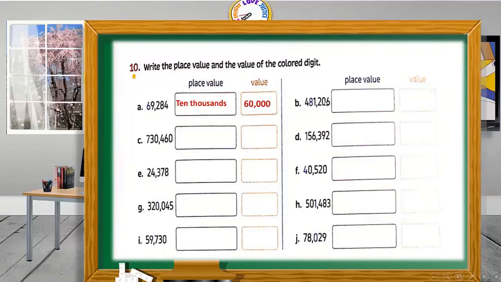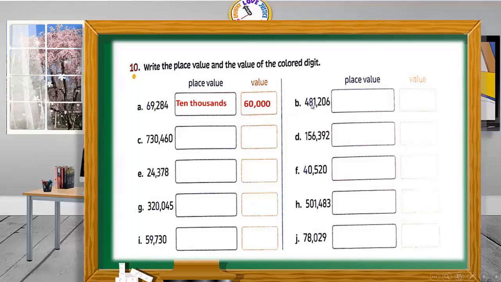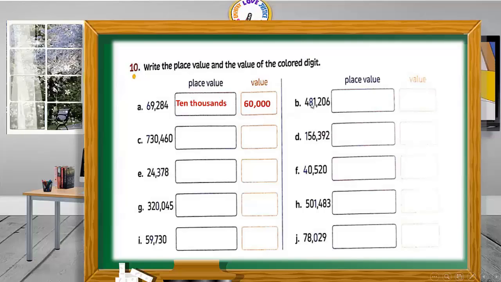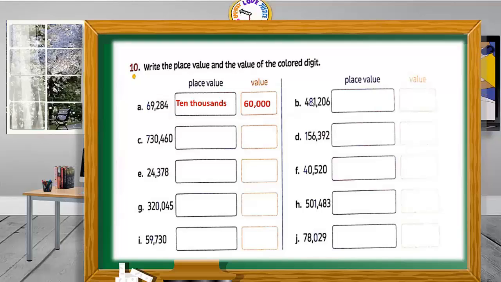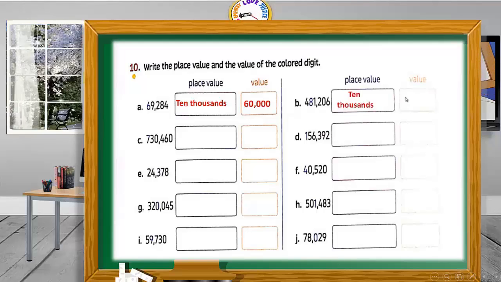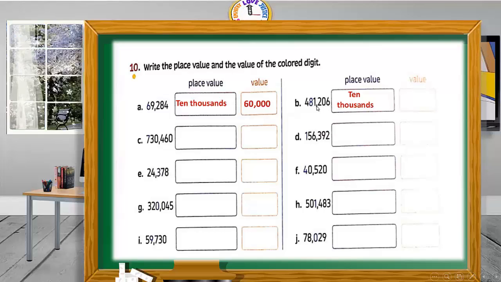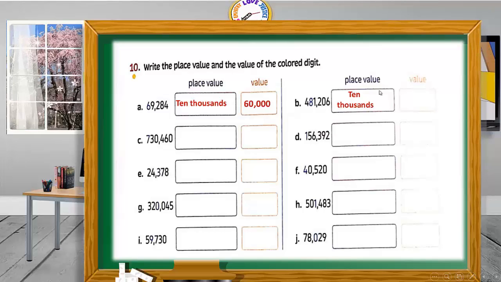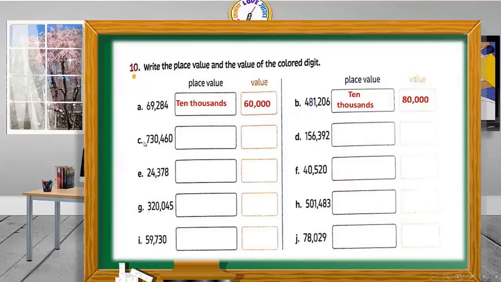Ones, tens, hundreds, thousands, 10,000s. So you should write 10,000s like this. What is the value? Write 8 and put 0 instead of all the digits after 8: 80,000.